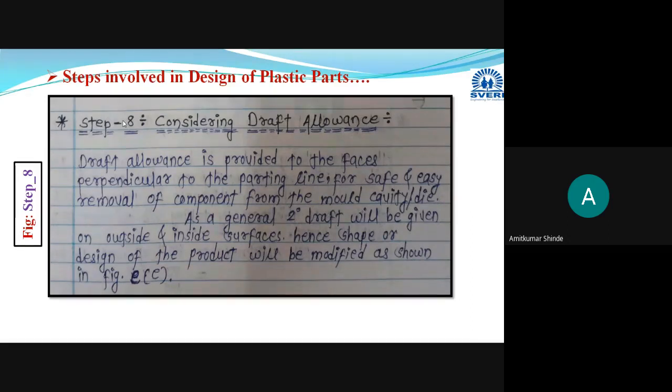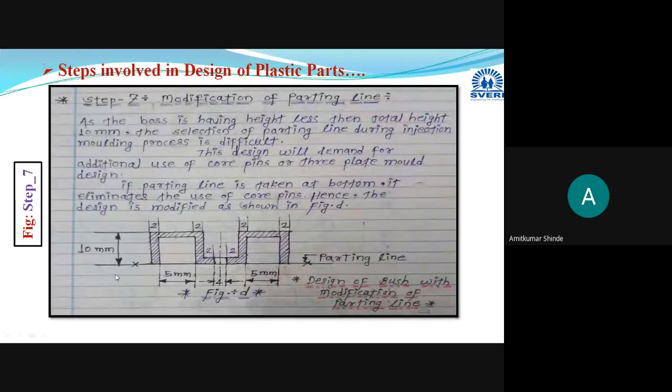In this diagram, these are the faces which are perpendicular to this parting line. On the faces perpendicular to this parting line, you have to provide a draft allowance for easy removal of the final part or product from the mold.